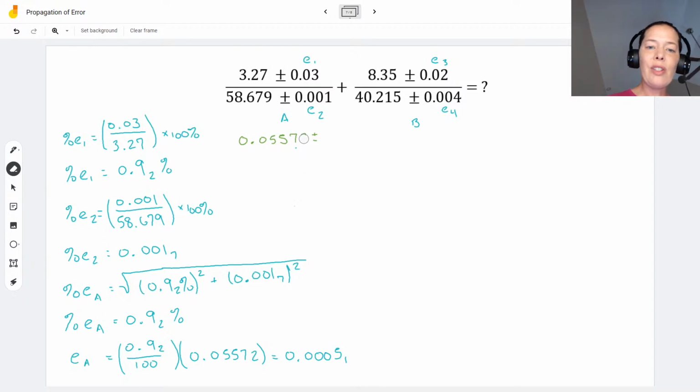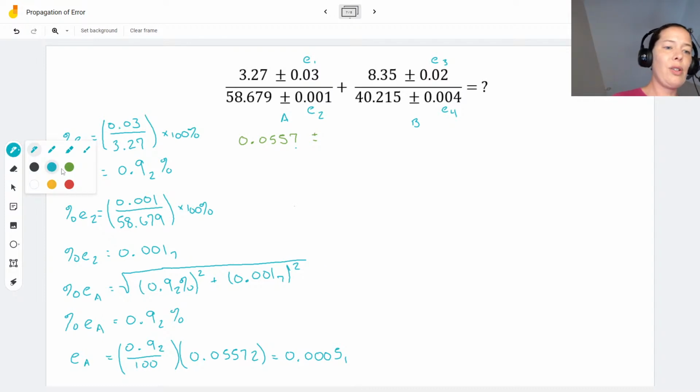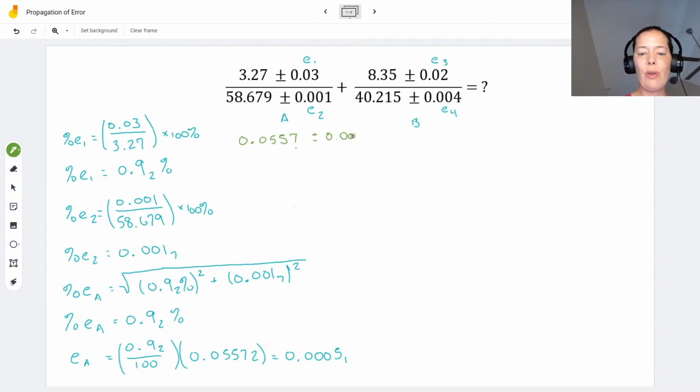So I am actually just going to erase that 2. And so this is plus or minus 0.00051. Again, that is for our term A. Now I need to do term B. In the end, this is going to be plus whatever I get for term B.